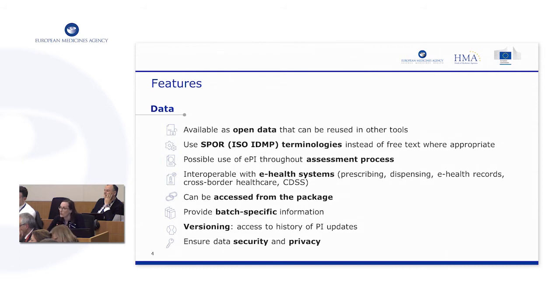We will keep in mind the desire to use EPI throughout the assessment processes. Some NCAs wish to adopt a digital-first approach and start using EPI from the very beginning of the evaluation, and this must be kept in mind when we are developing the common standard.